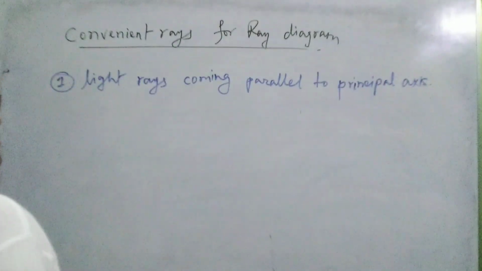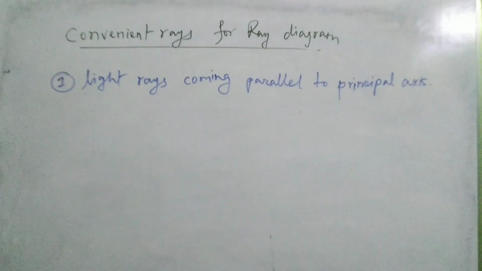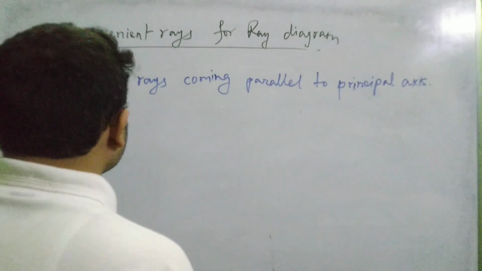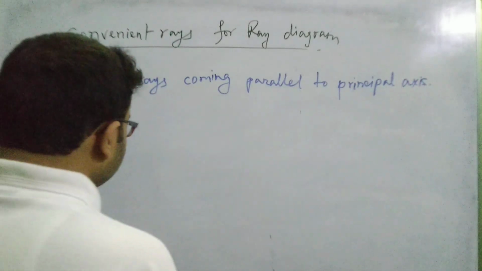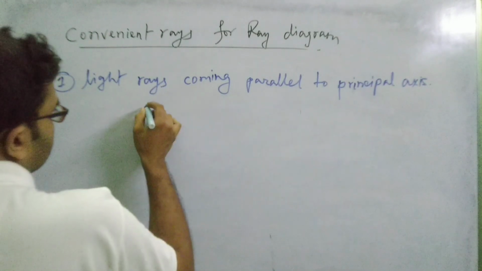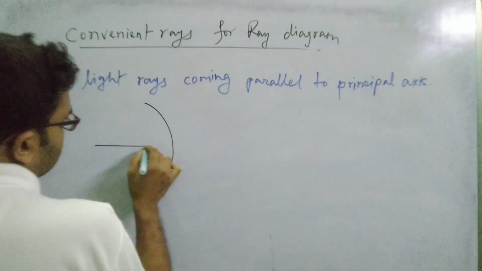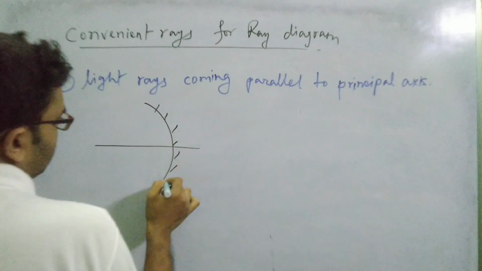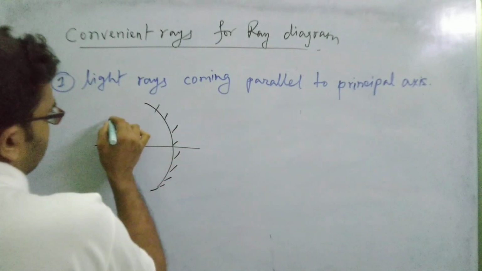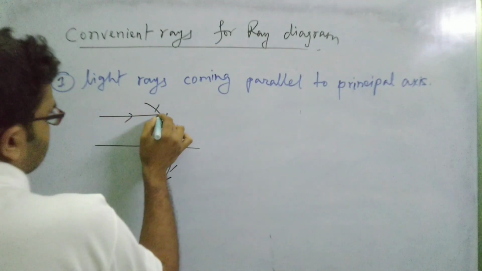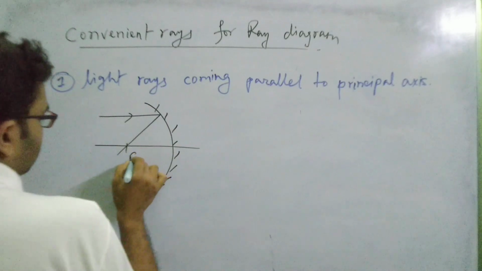And according to the observations, we have found a rule that whenever a light ray is coming parallel to the principal axis, definitely after reflection it will pass through the focus of the mirror. Diagrammatically, we have already shown it for a concave mirror, the light rays coming parallel to the principal axis, after reflection pass through the focus.